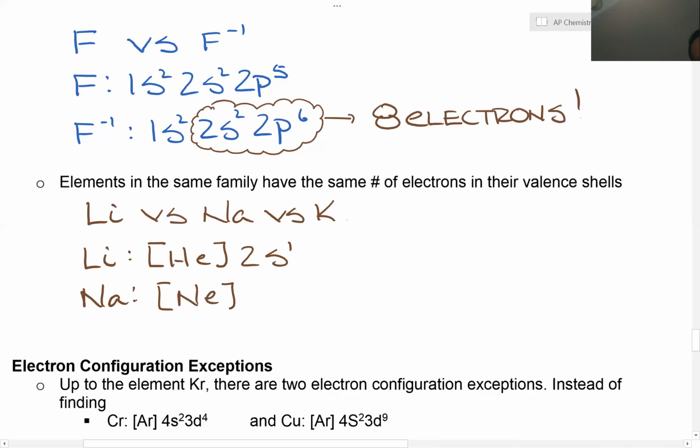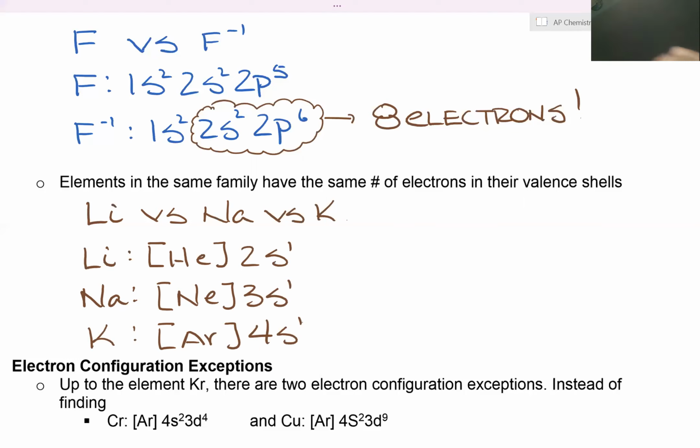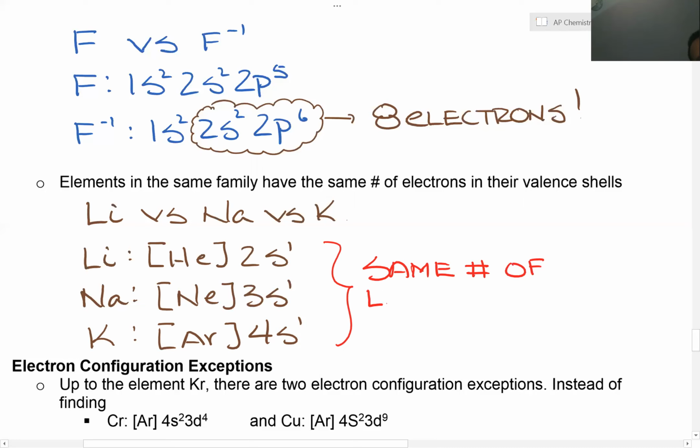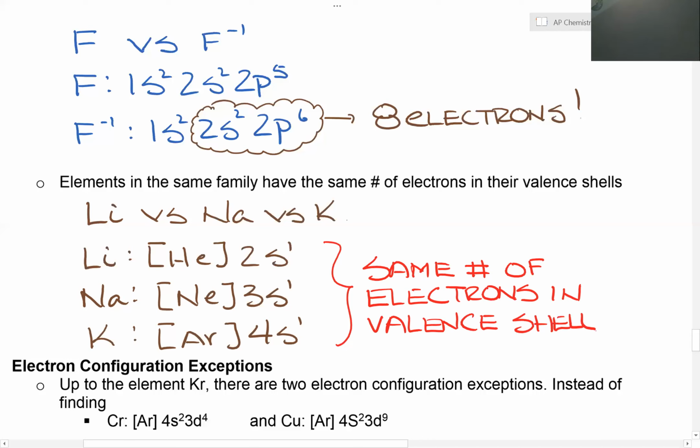Sodium would be neon 3s1. And potassium would be argon 4s1. So notice you have the same number of electrons in the valence shell. Okay.